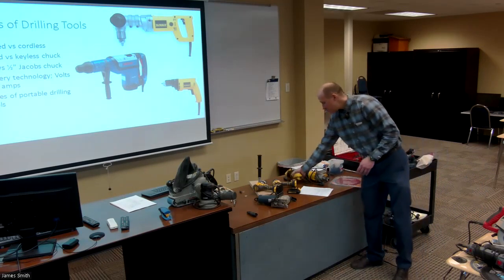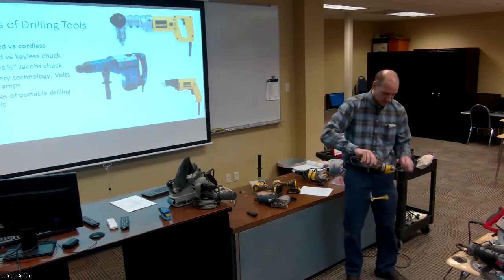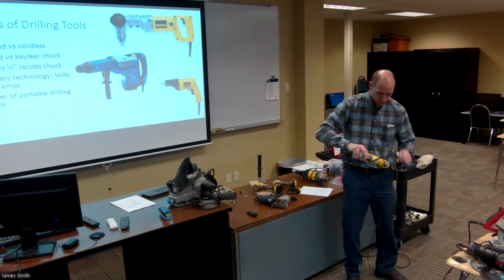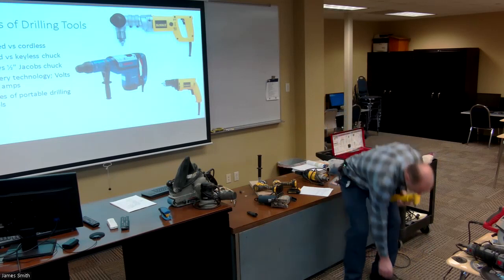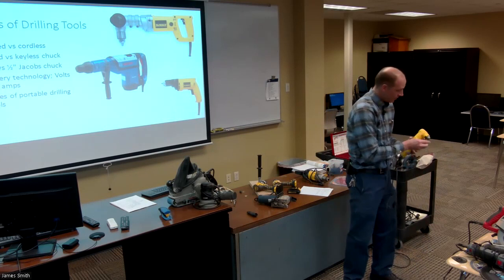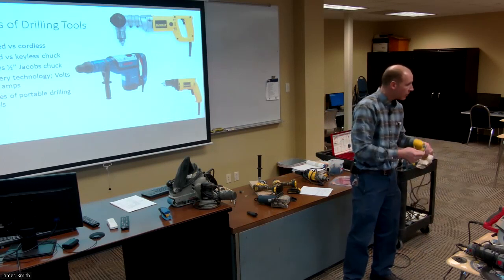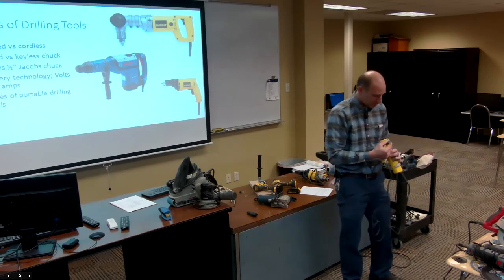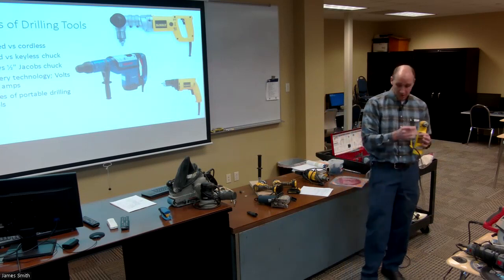There are situations where you need to get into tight corners. You could use something like this. This is called a right angle drill. Okay. And this one has a keyed chuck, so you can see you have to use a key to open and close the Jacobs chuck around the bits. This is called a keyed chuck.